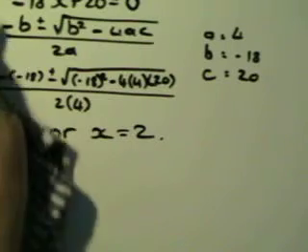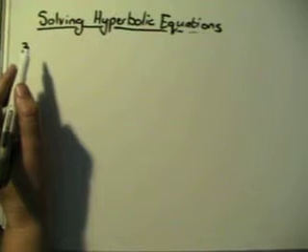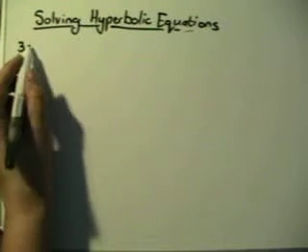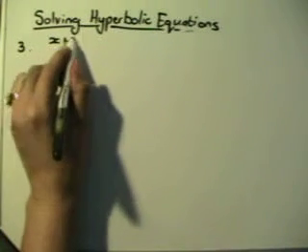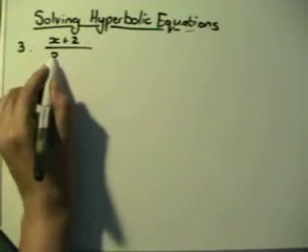Okay, now I'm going to do an even more difficult example where there are 3 different things. Let's just get you on the board again. Where there's 3 different numerators.